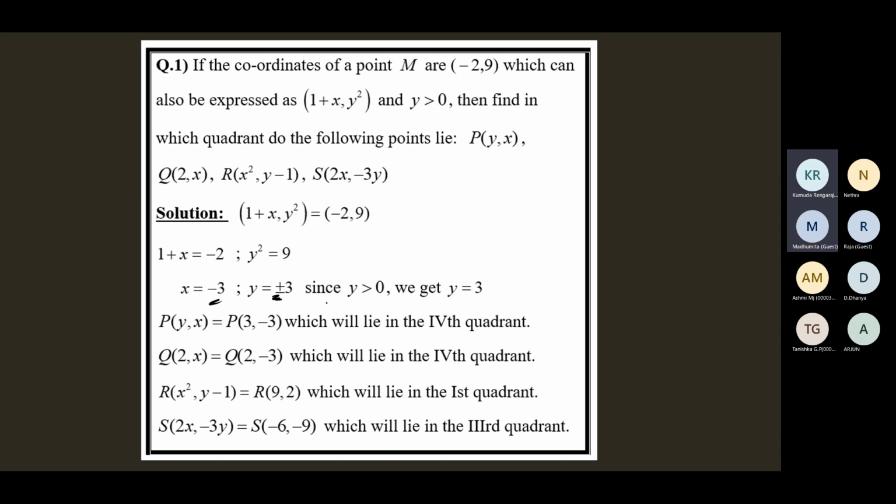Since y is greater than 0, y is only 3, not minus 3. Now that you have the values of x and y, you can find the coordinates of p, q, r, and s, and also write in which quadrant the points lie.